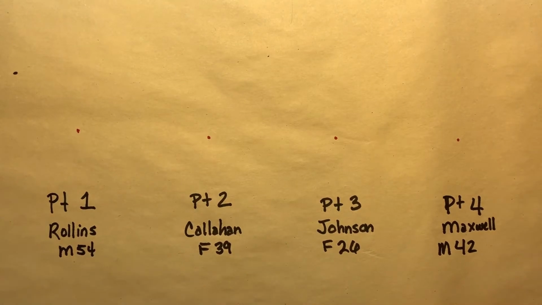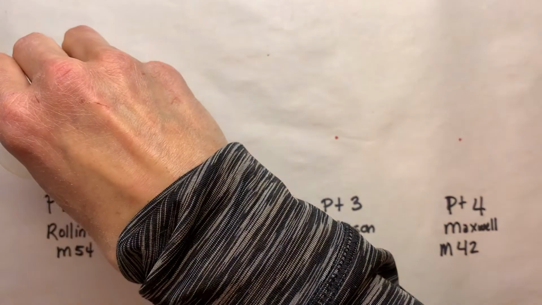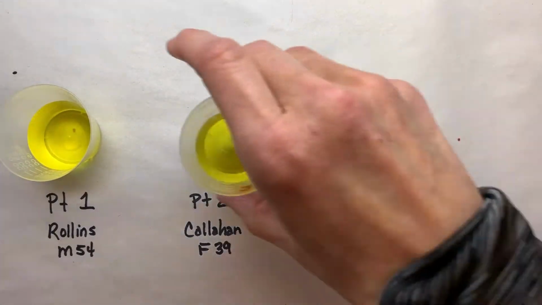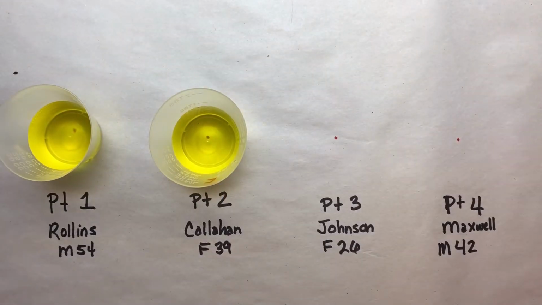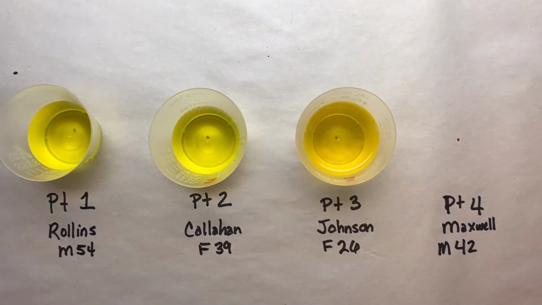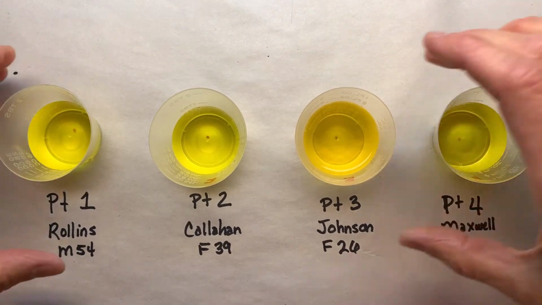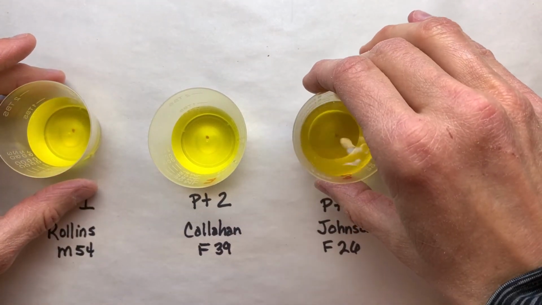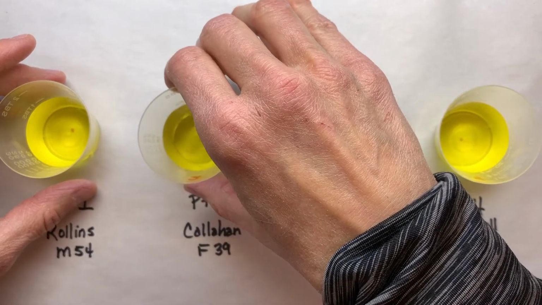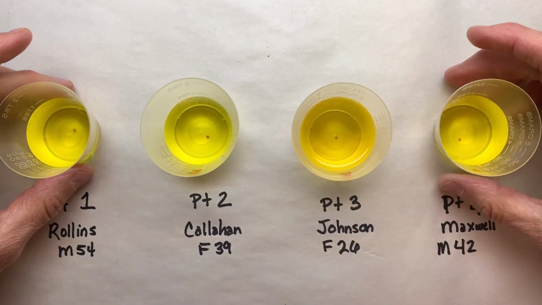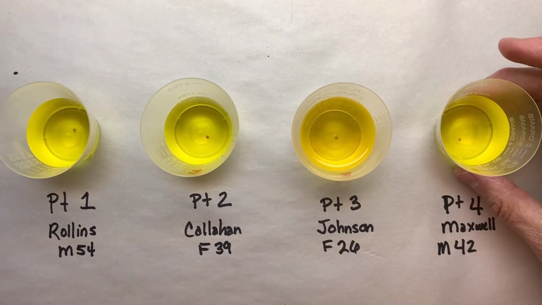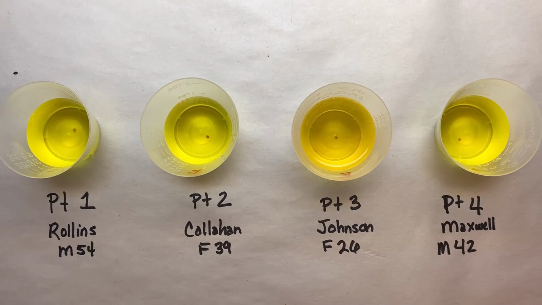All right, and so here are the samples. I've already added the urine to each of the samples. So if you take just a moment to stare at them, noting any color differences or clarity differences that you see.